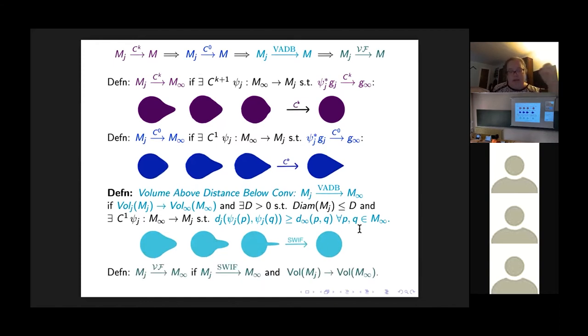And then ultimately we have the volume preserving intrinsic flat distance, which requires both the volumes to converge and the Swift limit. Another thing that becomes easier to study, if you don't want to worry so much about the full rigor needed to understand intrinsic flat convergence, is whether volumes are converging. A lot of these questions are still open even for volume convergence.